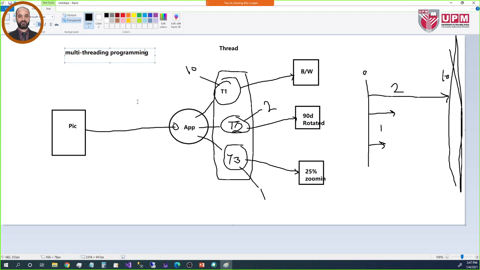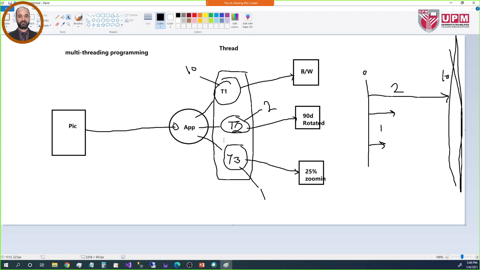If a thread finished its task, then you have to kill that thread to save your memory, and so on. A lot of things to handle in order to produce a parallel application. So a parallel application cannot be built using sequential programming. To produce parallel applications, you have to learn about multi-threading programming.